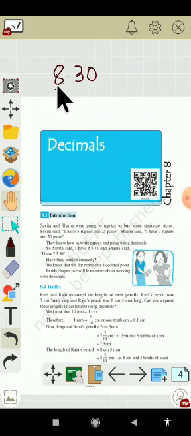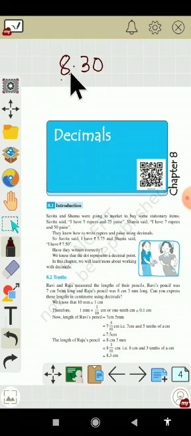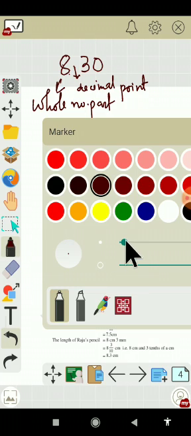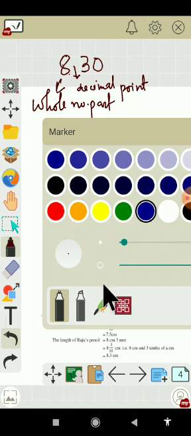So this is the whole number part 8, and this is the decimal point, and 30 is the decimal part. Now we will learn how to represent this by the place value chart.